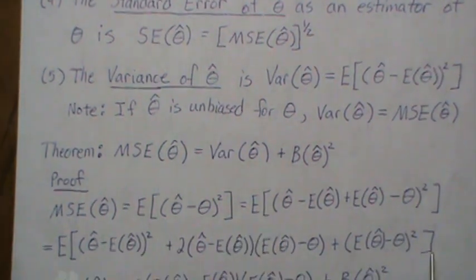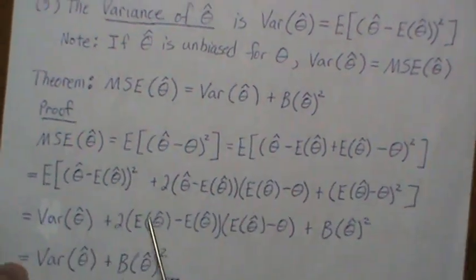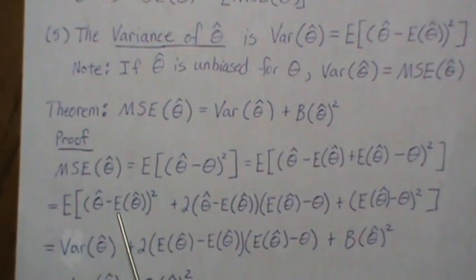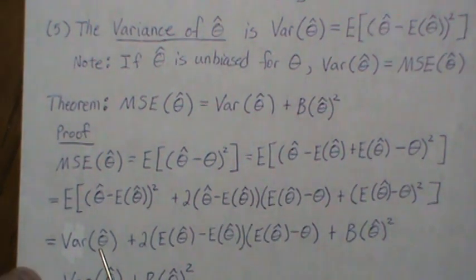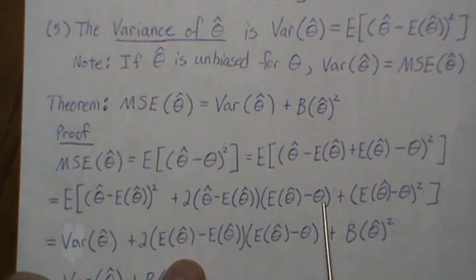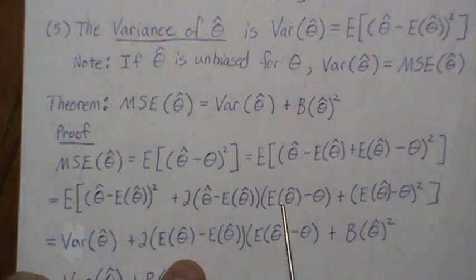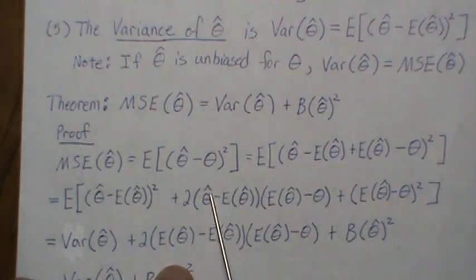And so the expectation is still on the outside. Now let's take the expectation in. The expected value of this is what we were calling the variance of our estimator. And here, this is a constant. The expected value is a constant, this is a constant, this is a constant. So the only thing that's not a constant is theta hat.